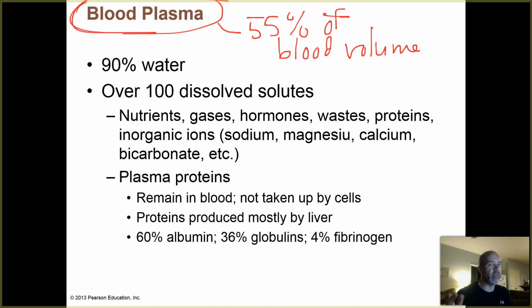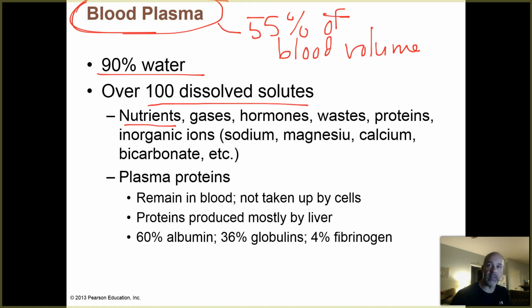It is the liquid extracellular matrix of the connective tissue that we call blood. Now, what is blood plasma composed of? 90% of it is water. Our bodies are water-based, so that's not a surprise. Then it contains many different types of dissolved solutes, over 100 different types.